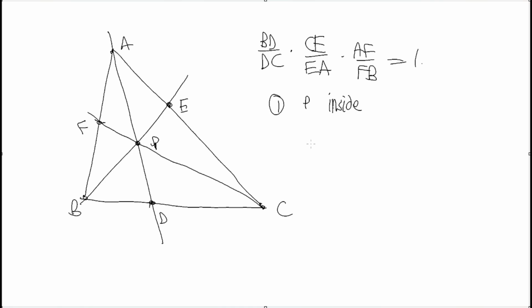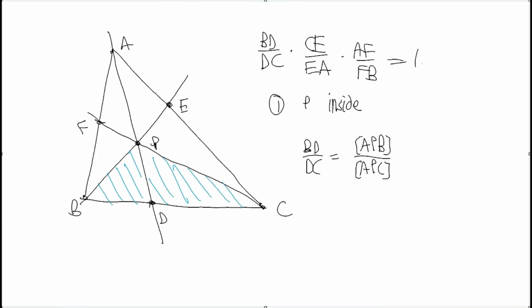And this may seem a bit out of the blue, but we have BD over DC is equal to the area of APB over the area of APC. And this is true because BD over DC is a ratio of the areas of these 2 triangles here, but it's also the ratio of the areas between these 2 triangles as well. And therefore, if we subtract the area of the red triangle from the area of the blue triangle, we get this yellow triangle here.